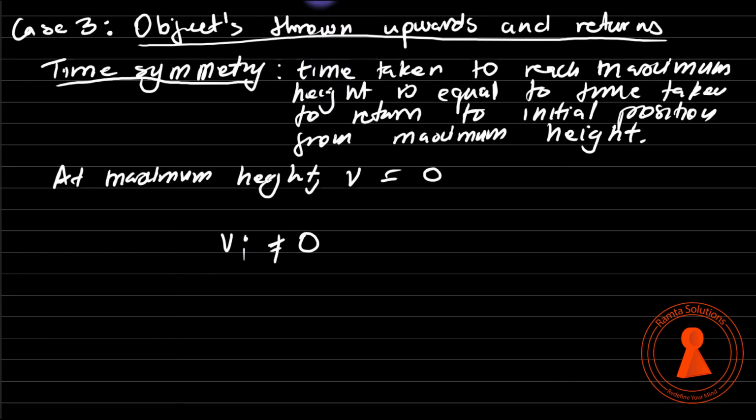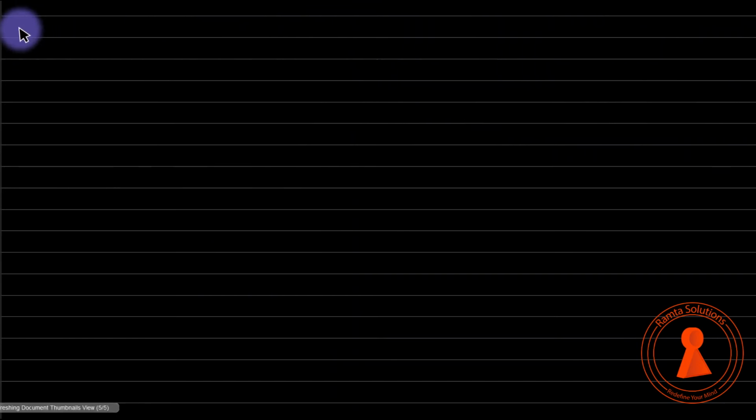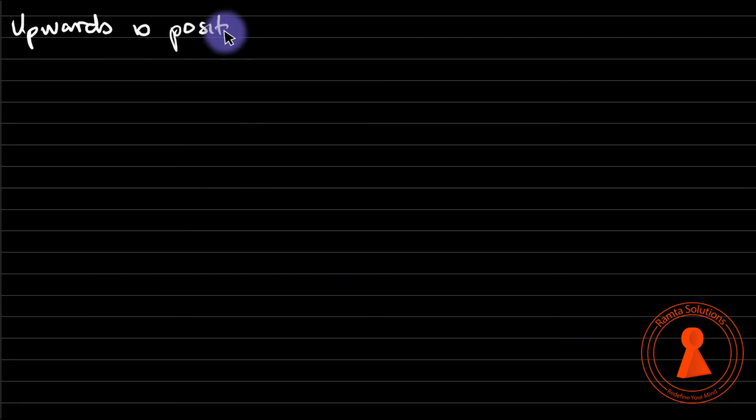Now, let's show how the graphs look with different positions chosen to be positive. So again, upwards is positive, and here downwards is positive.